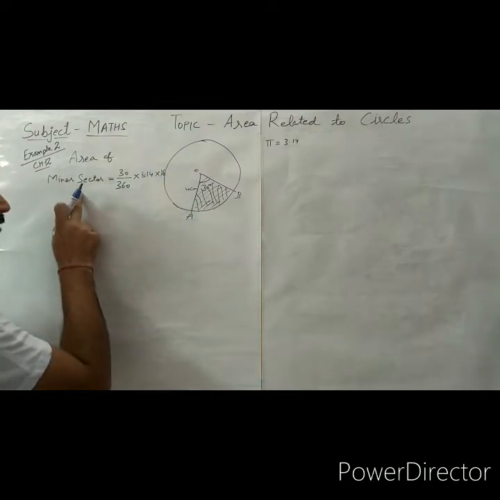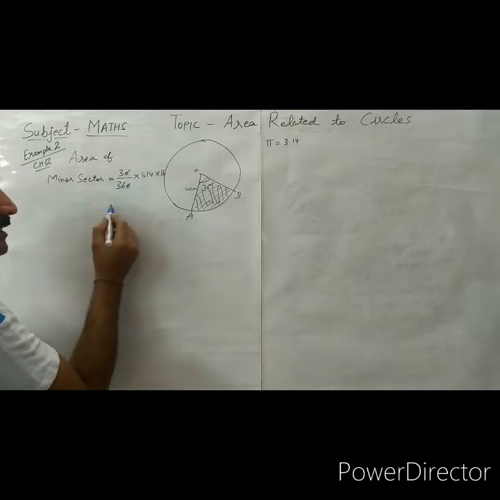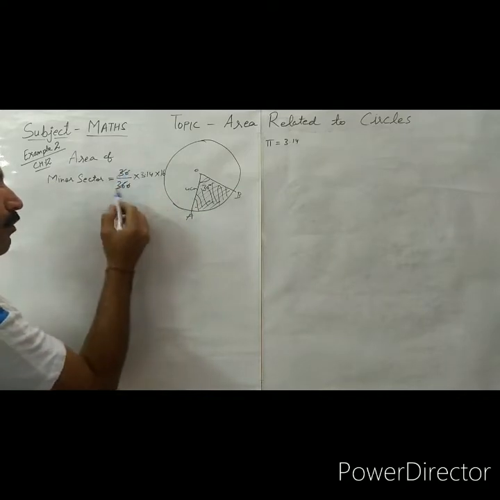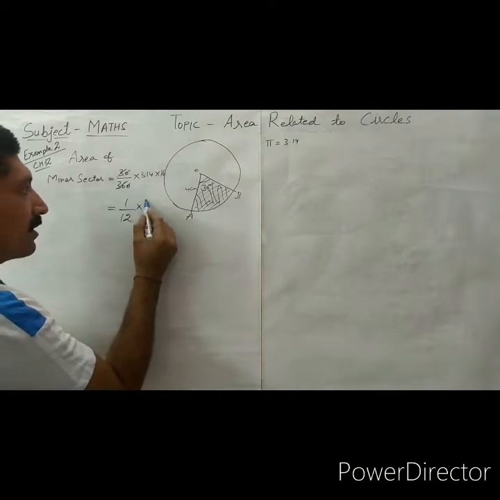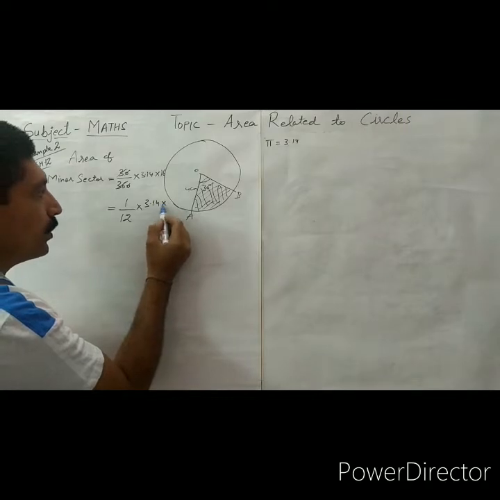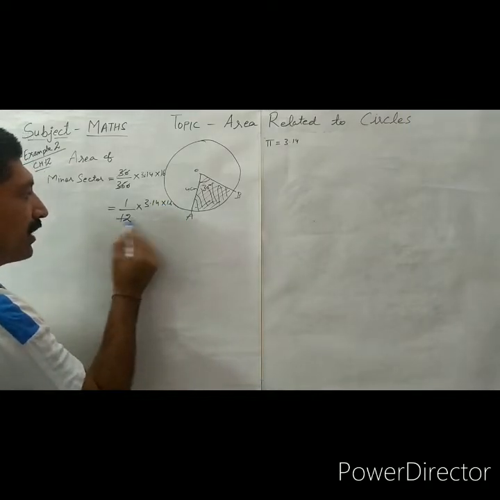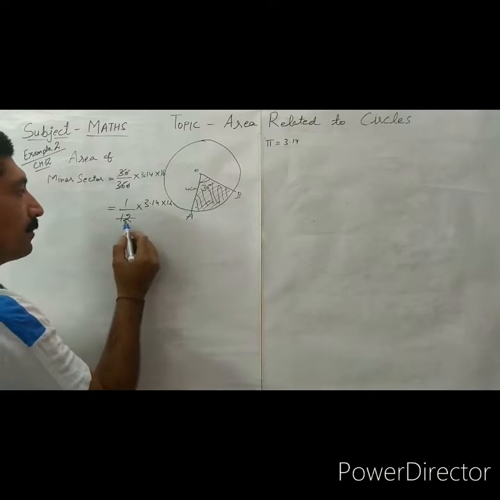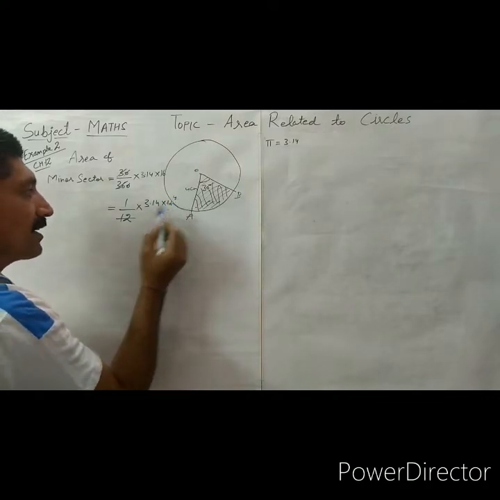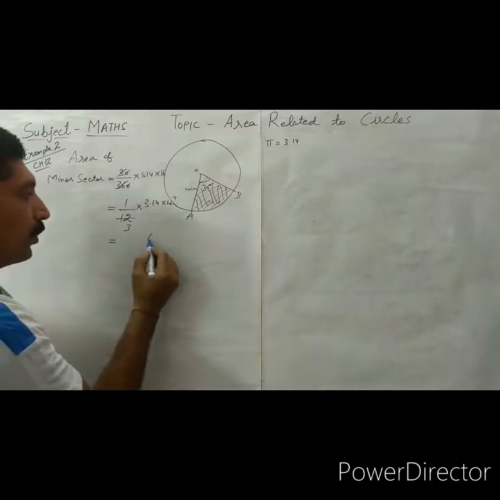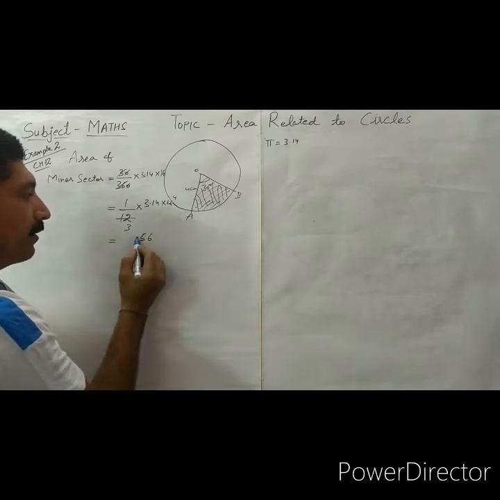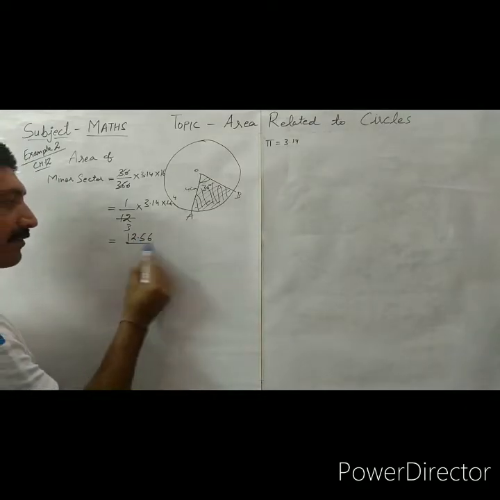So this is the area of the minor sector. We will go for the calculation, that is 3.14 into 16 upon 12. Again we can divide here, 4 4s are 16, 4 3s are 12. So we have 12.56 divided by 3.